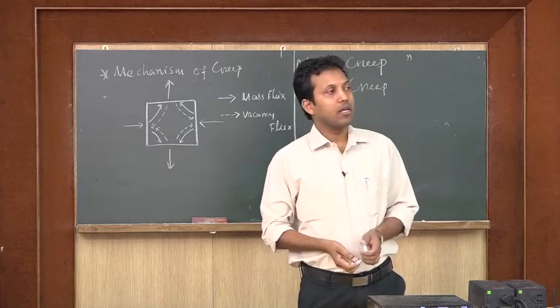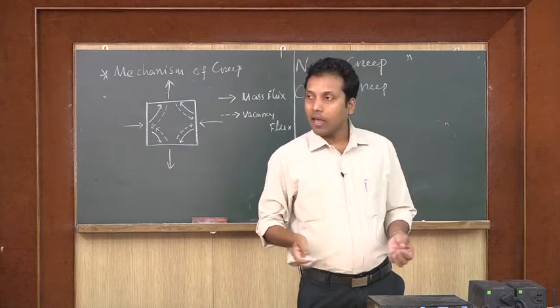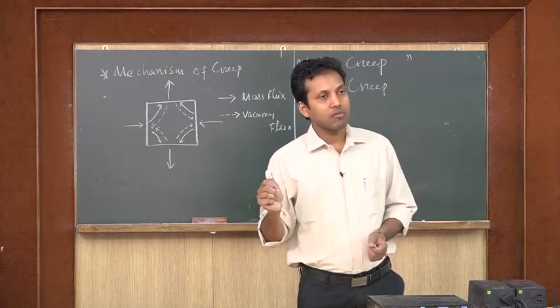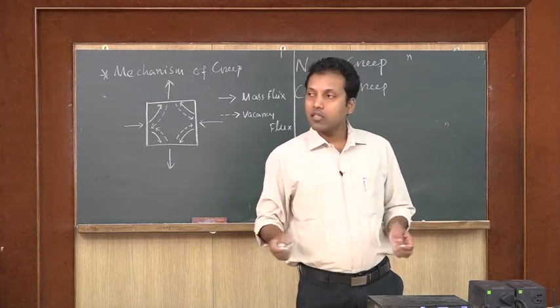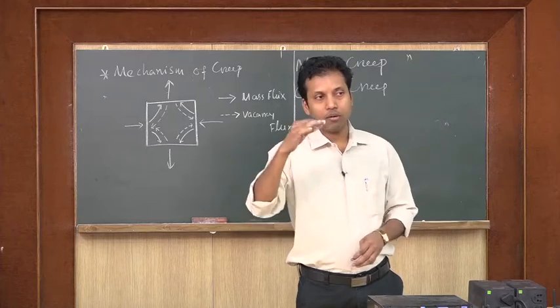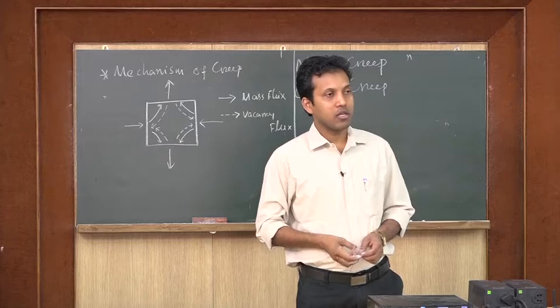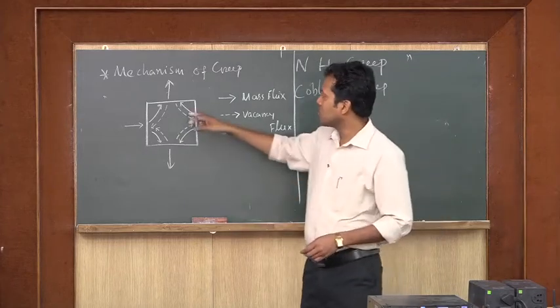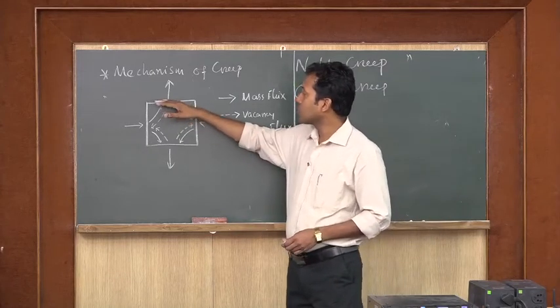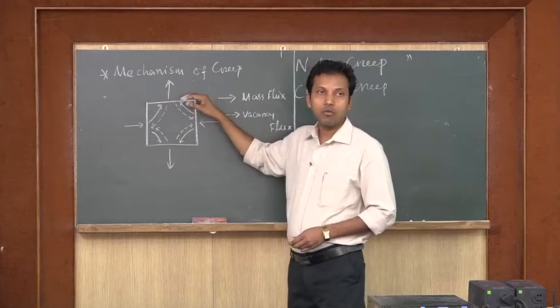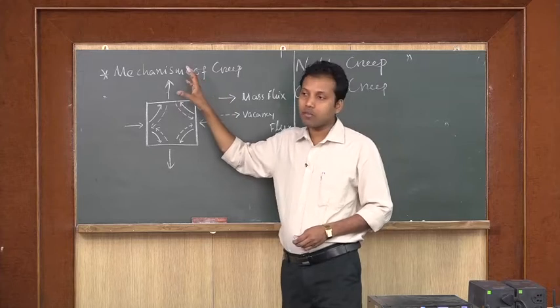So what will happen in the tensile region and in the compressive region of a particular grain we are considering? In these two regions, the tensile phase and the compressive phase, the material will have some atomic volume mismatch. That means in this region I will have a higher number of atoms. Why? Because diffusivity increases in the material.